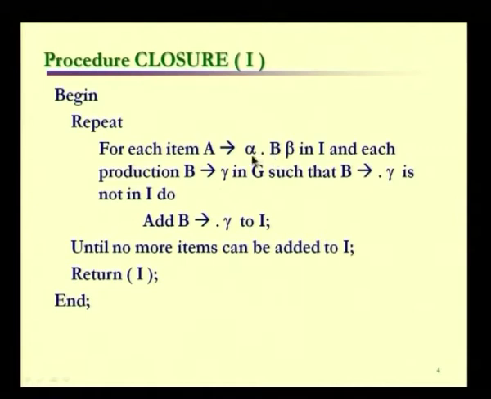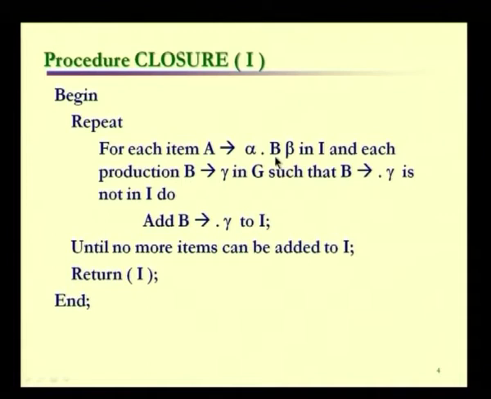So, here we find an item of the form A derives alpha dot B beta, where B is a variable followed by anything else. If it is in I, then we should know that for this B, since it is going to be a variable, there will be a right hand side for that. The right hand side for this B is the gamma.